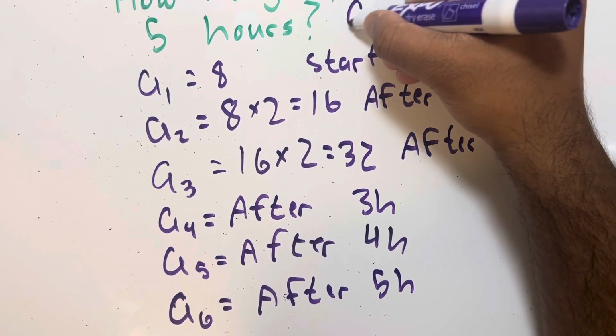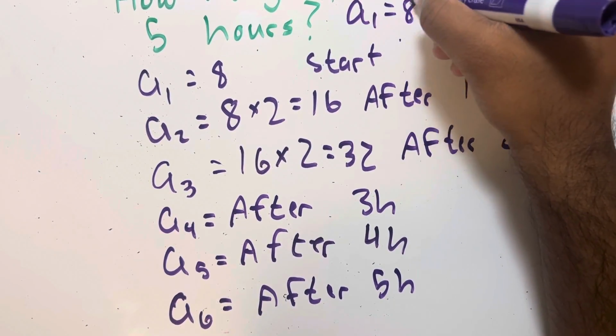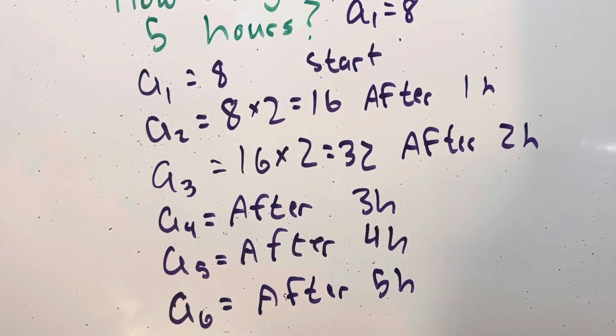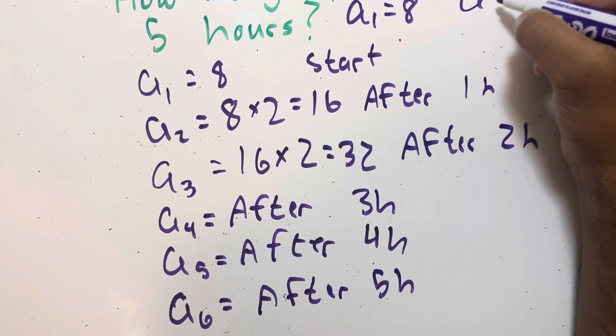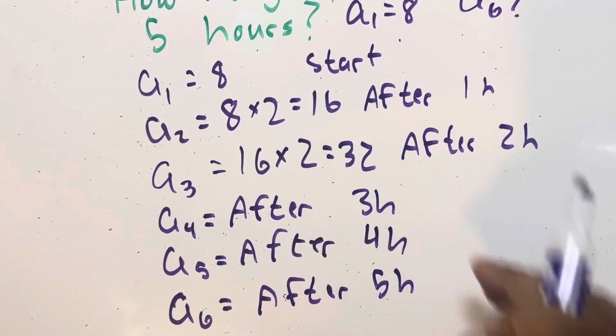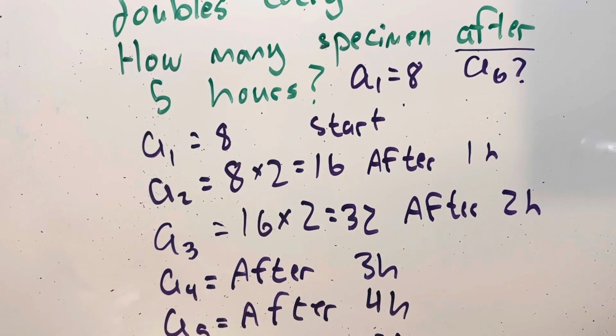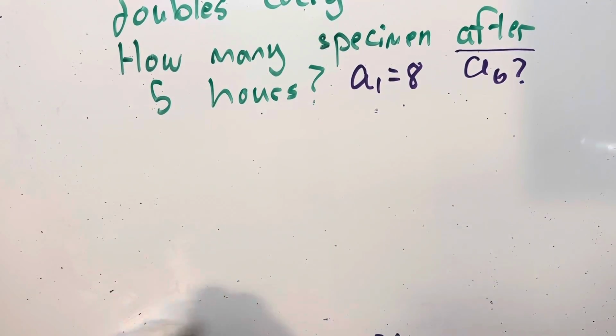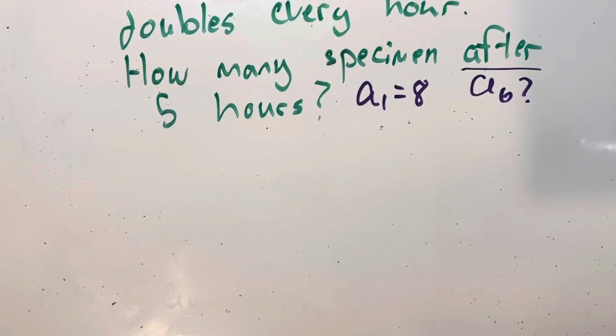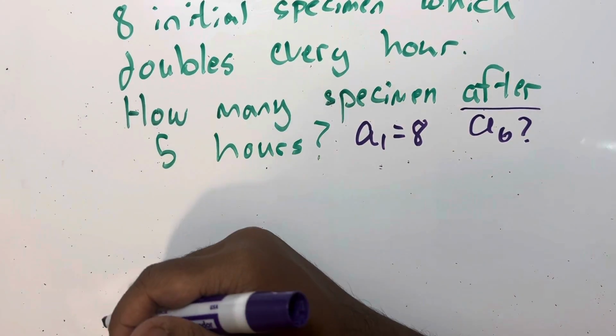Again, I'm going to write here a1 equals 8. How many terms am I looking for? After 5 hours, I'm looking for a of 6. Let's use our formula, because sometimes the numbers can get really large and it's better to use the formula.